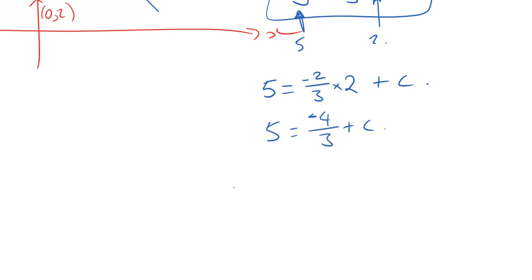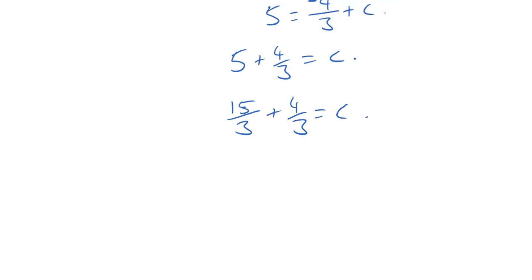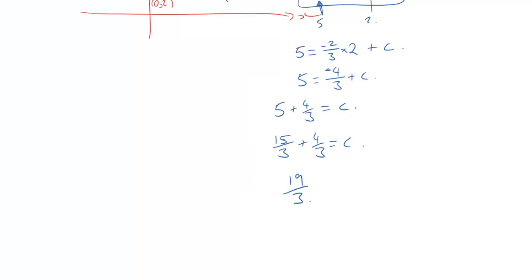That's going to be 5 plus 4 over 3 is equal to c. Well, 4 over 3 is the same thing as 1 and a third, but perhaps it's easier to write the 5 in terms of thirds as well. So maybe I should write 5 as 15 over 3. So my c is going to be 19 over 3.